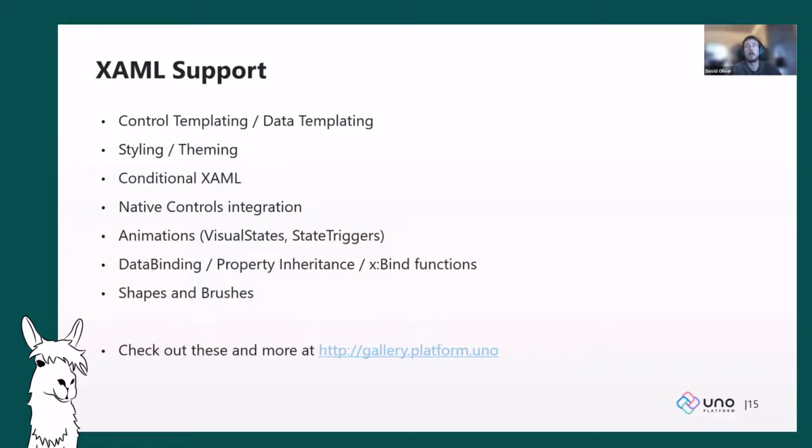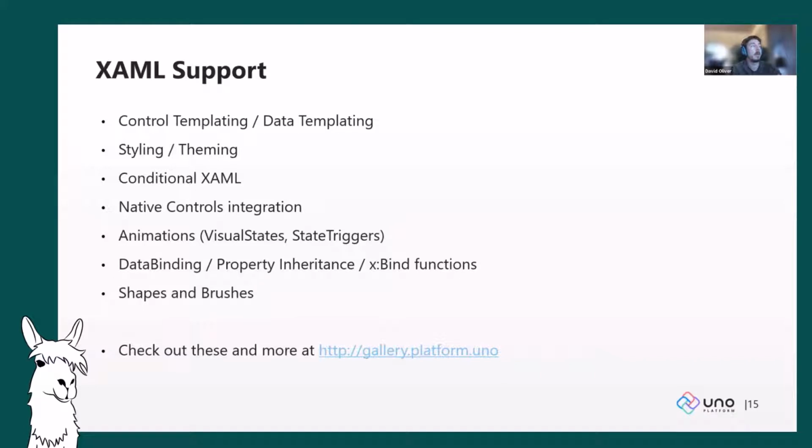Perhaps you want the button to have a pink background on Linux and a transparent background on iOS. You can easily integrate native controls into XAML because it is just running on the native UI frameworks under the hood.